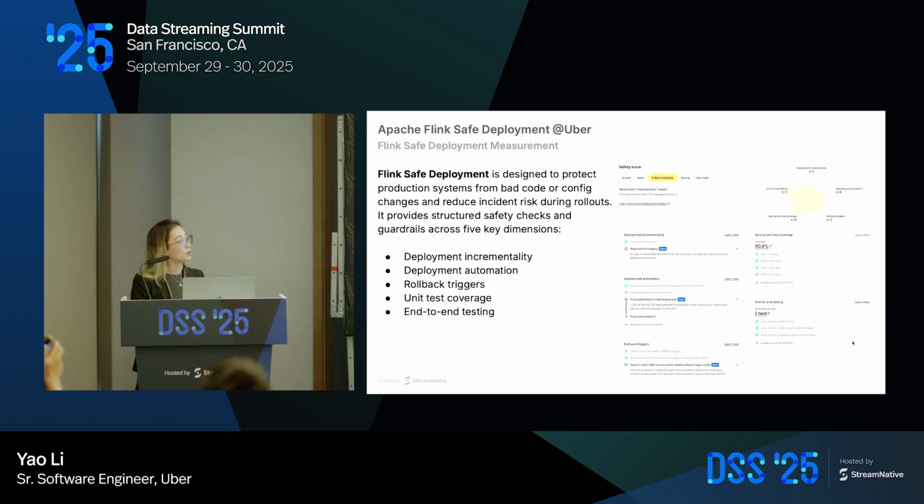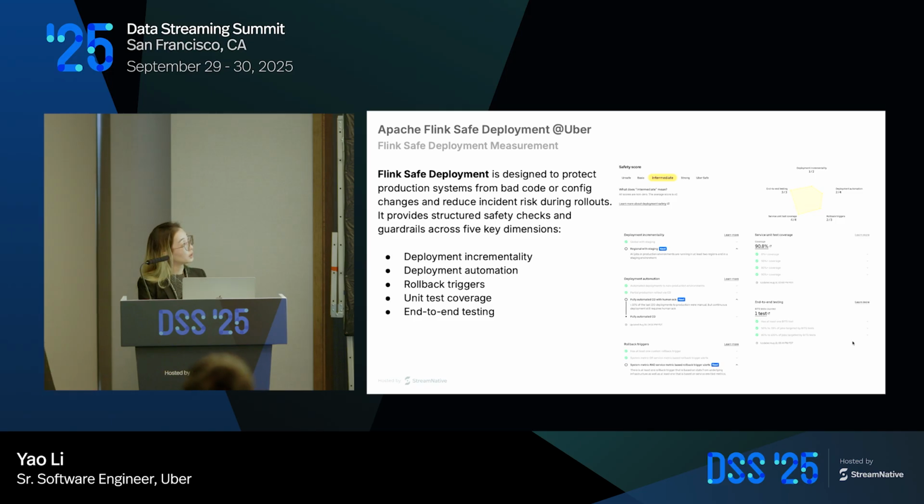We have a well-defined, structured measurement for Flink job safe deployment. The guardrails span five dimensional verticals: deployment incrementality, automation, rollback triggers, unit test coverage, and end-to-end testing. On the right side, you can see a lot of details inside each vertical, with corresponding scores you get if you fulfill the requirement.